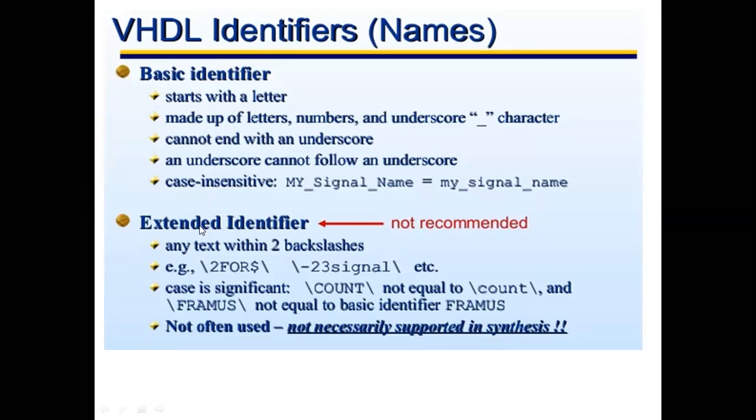Extended identifiers are always mentioned between two backslashes. Here you observe, between two backslashes we can mention COUNT in uppercase, but this word is not equal to count between two backslashes with lowercase letters.